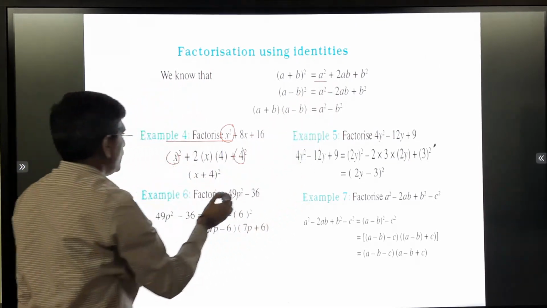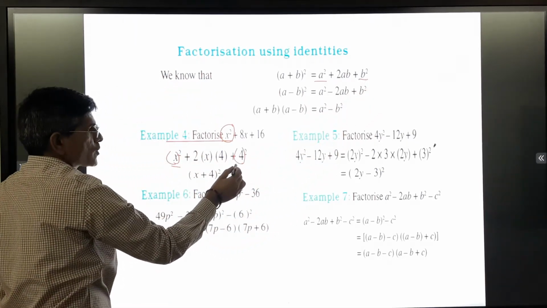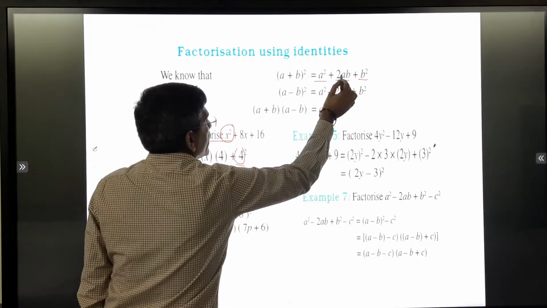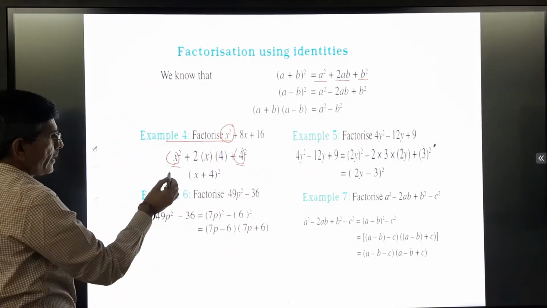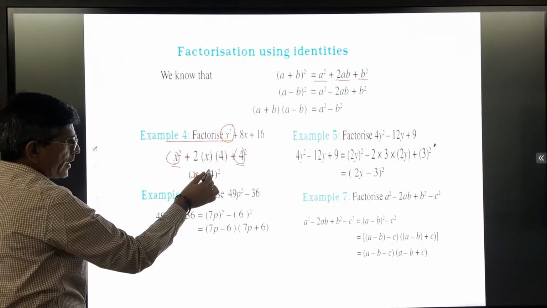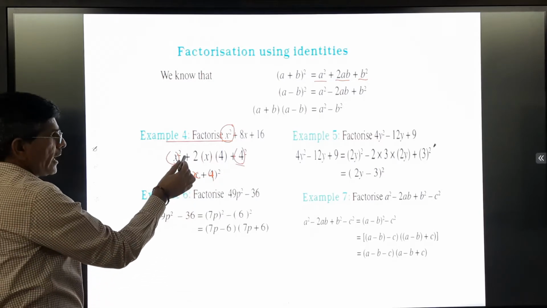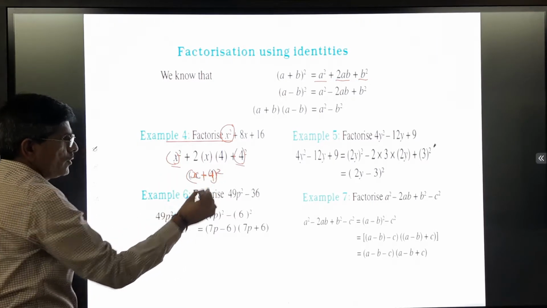A squared means x squared, b squared means 4 squared, and 2ab is 2 into x into 4. Now from here I have to take x, from here I have to take 4, and from the middle I have to take the plus sign, and then write whole squared.